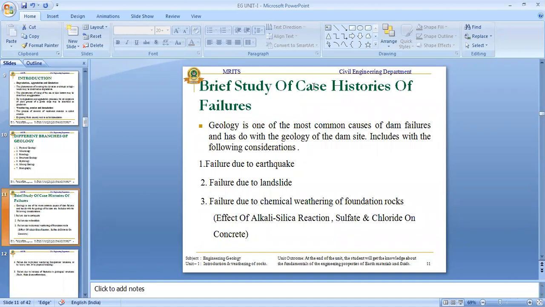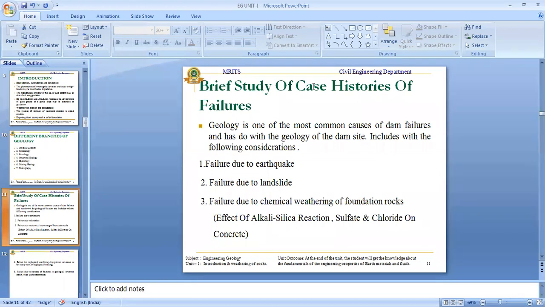So what are those things? First point is failure due to earthquake. When an earthquake comes, these structures are going to fail, and failure due to landslide. Whenever a landslide occurs in the hilly areas, all the infrastructures are going to fail.